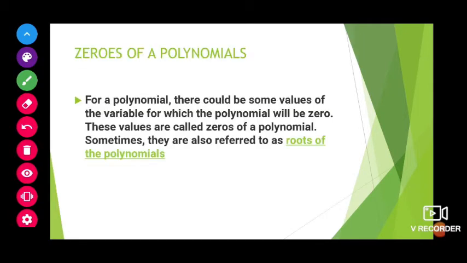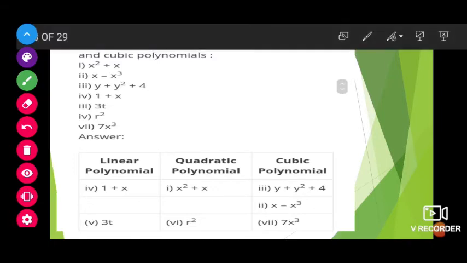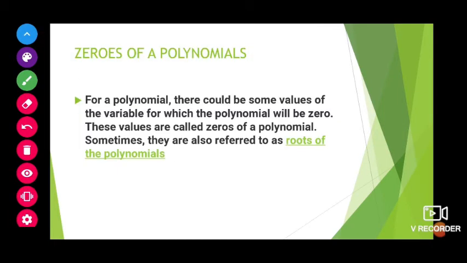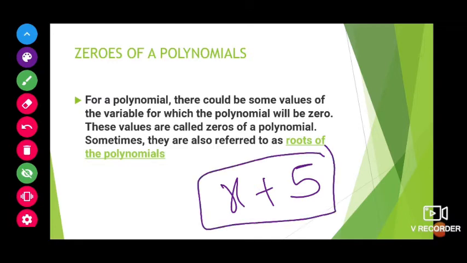Next one, zeros of a polynomial. What is meant by zeros of a polynomial means for what values of x. For example, x plus 5 is there. Here, for what value of x, the expression will be equal to 0. That value is called a zero of that polynomial.